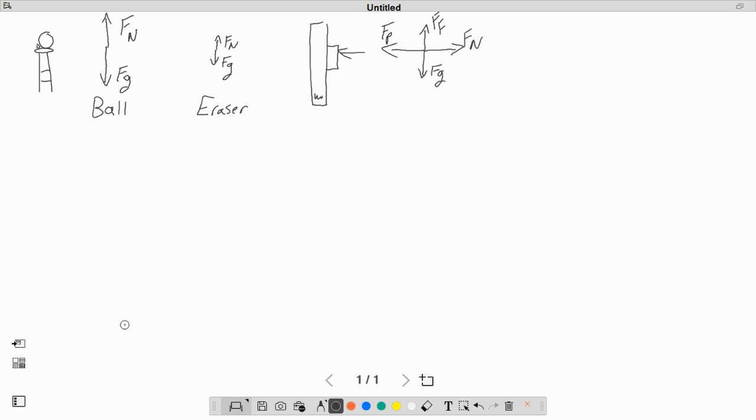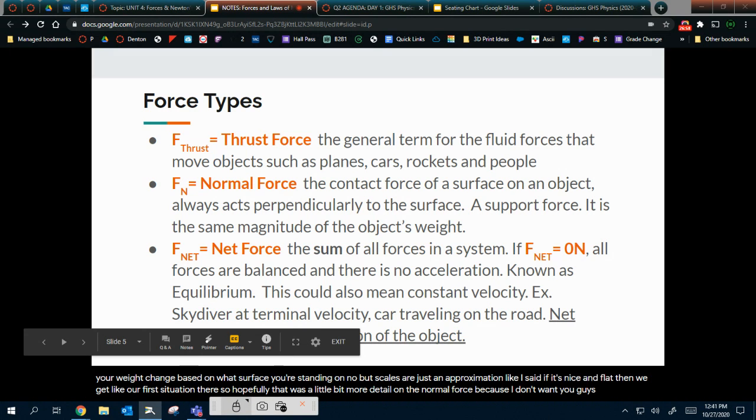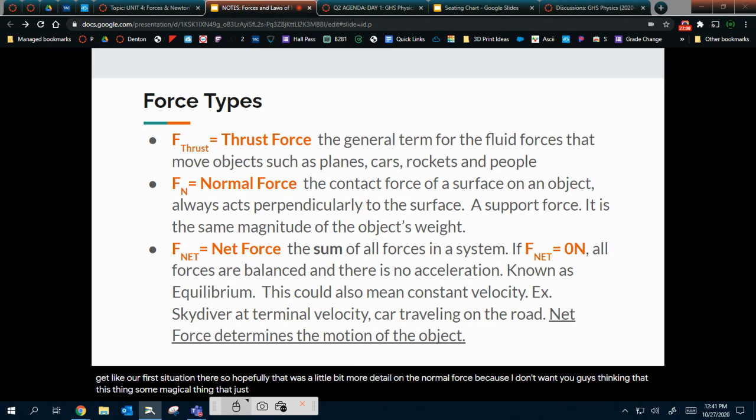No. But scales are just an approximation. Like I said, if it's nice and flat, then we get our first situation there, which we have with the bullet. Hopefully that was a little bit more detail on the normal force, because I don't want you guys thinking that this thing's some magical thing that just knows how hard to push. It's just electrons not wanting to be near other electrons.